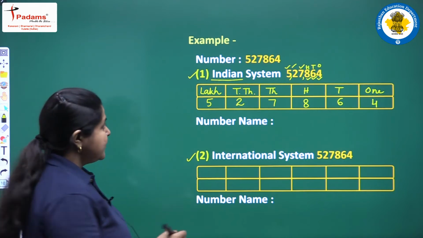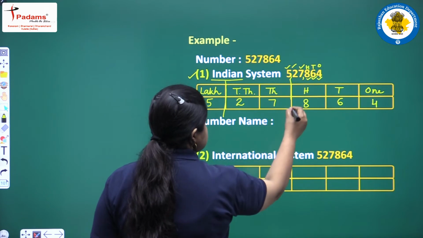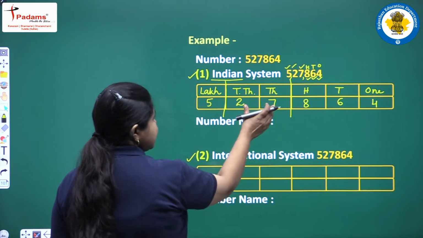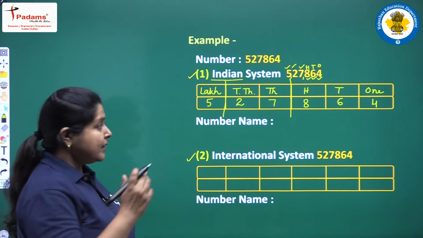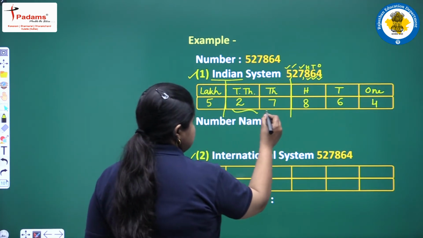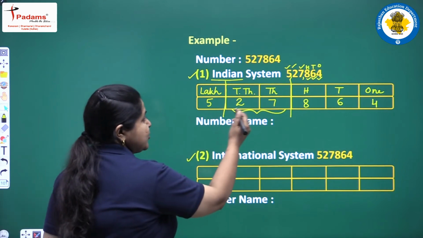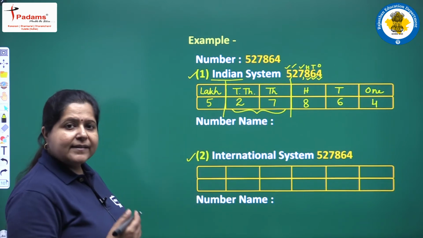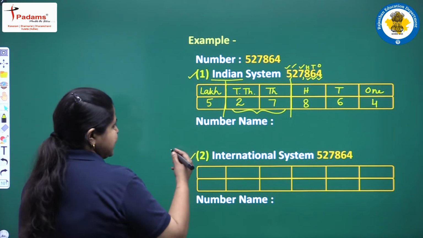We will take up this lakhs separately, then the thousands separately. These two digits in thousands family taken up together. Remember, the digits in the thousands family will be spoken up or written collectively, not 2 and 7. It will be spoken up as 27,000. Clear to you? Now we write the number name.